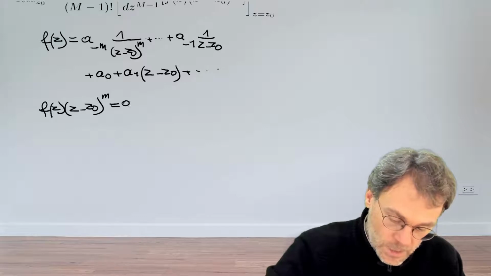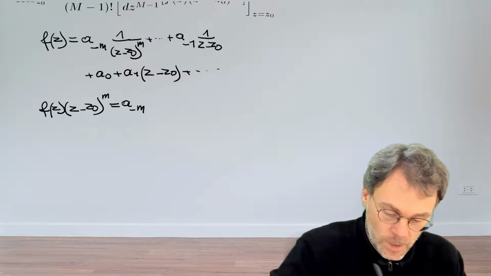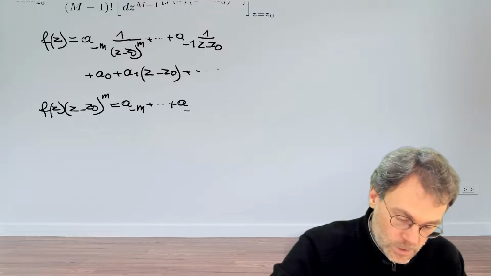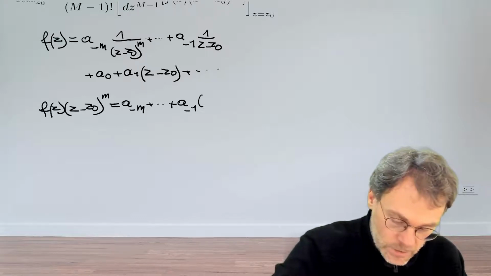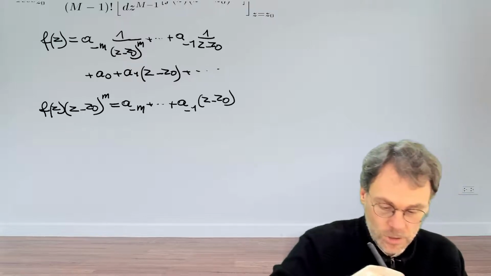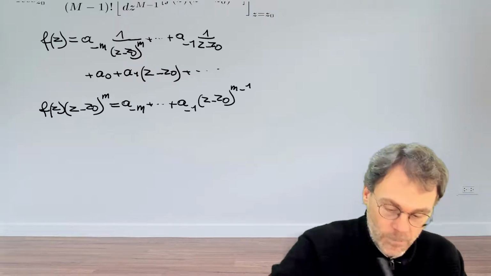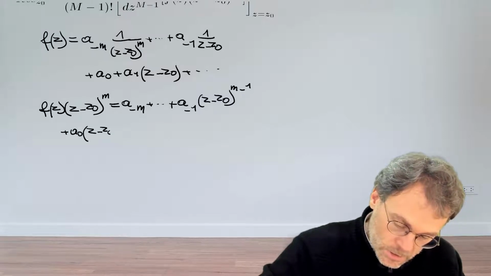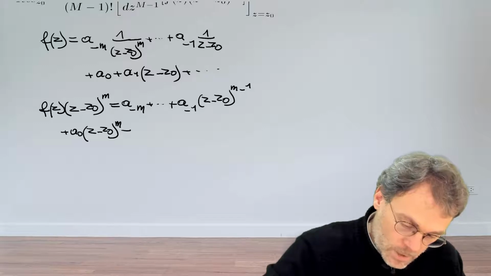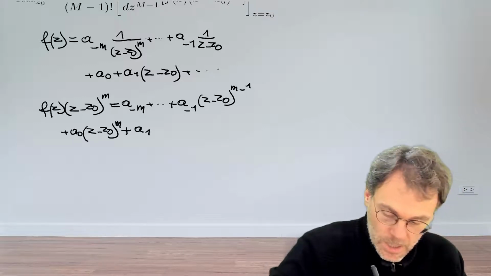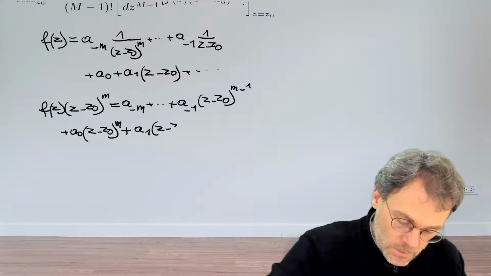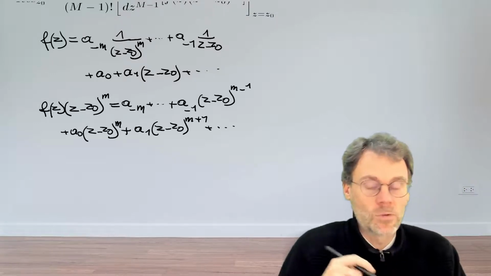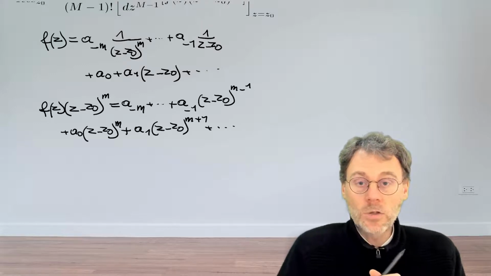Okay, this gives us a minus m plus, and then some higher order terms, and then the relevant one, a minus 1, gives us z minus z naught to the power of m minus 1, and then we have a 0 times z minus z naught to the power of m plus a 1 times z minus z naught to the power of m plus 1, and so on and so forth. Okay, so far so good.